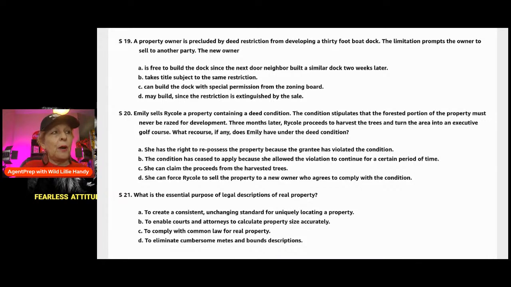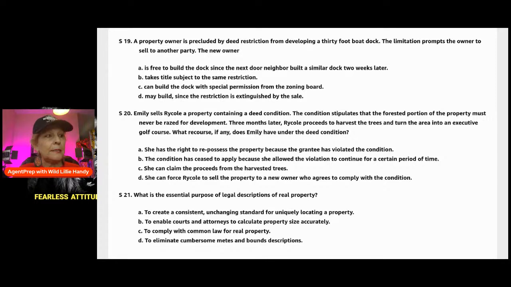So remember, she sold the property with a deed restriction. Kind of like a defeasible fee simple estate. So far I have A. Yes, and let's see, all of you are correct.